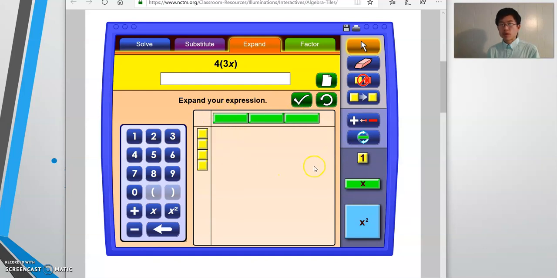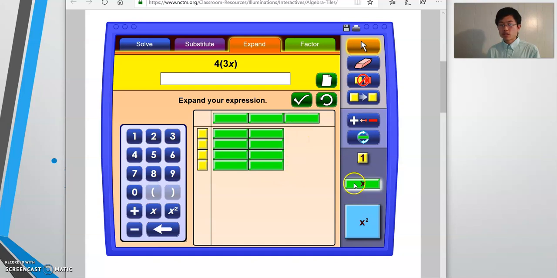That means multiply: 1 times x gives you x. 1 times x gives you x. And I'll keep doing that. I'm just multiplying the row 1 and then column x. That's all I'm doing.